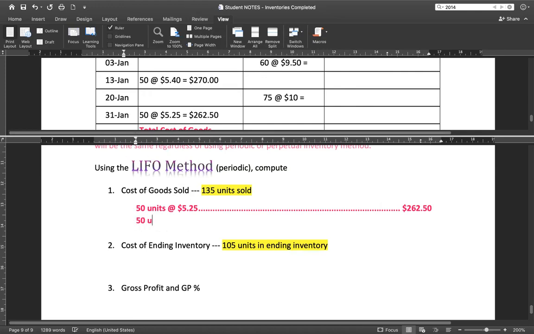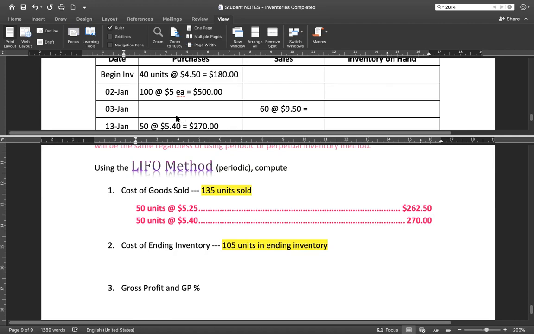That was another 50 units, and those were at $5.40 for a total of $270. So how many more units do we need? Well, we've got to get to 135. We've already costed 100 of them, so we need 35 more units. And those 35 are going to come out of the 100 that were costed at $5 each.